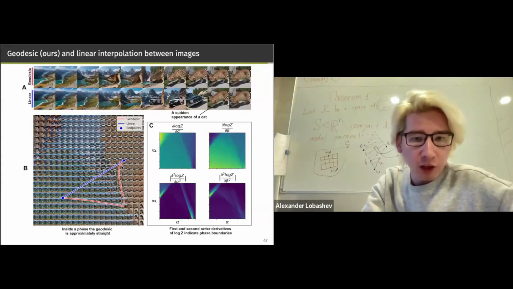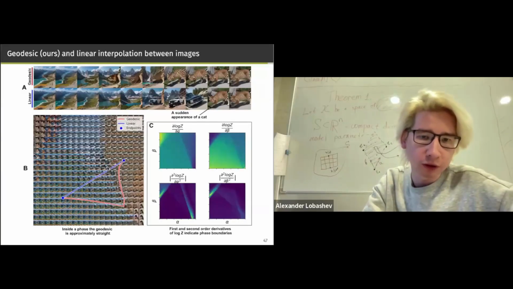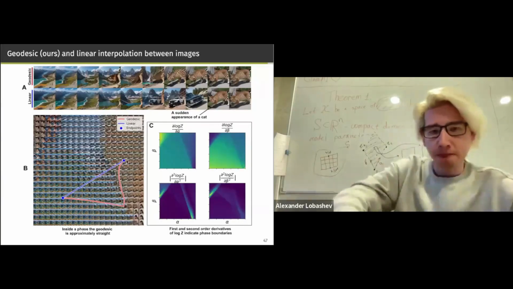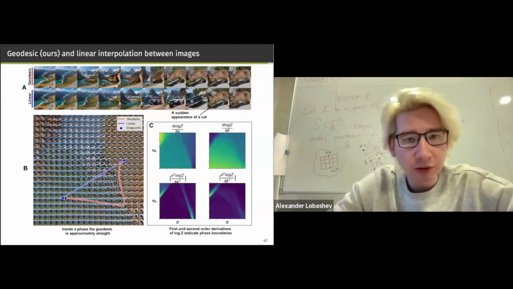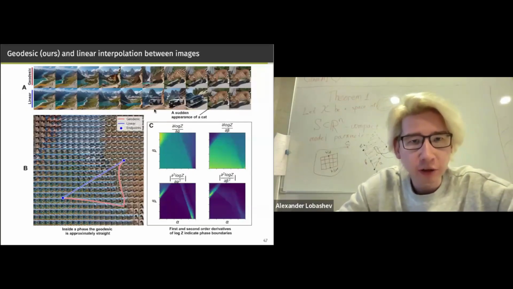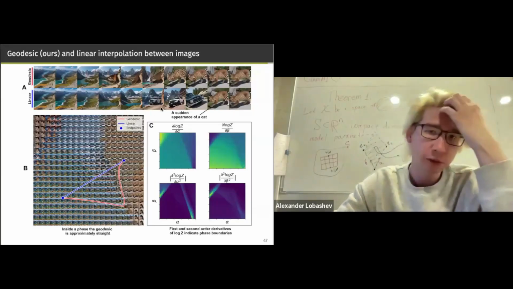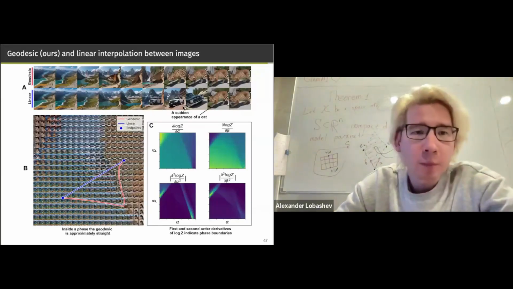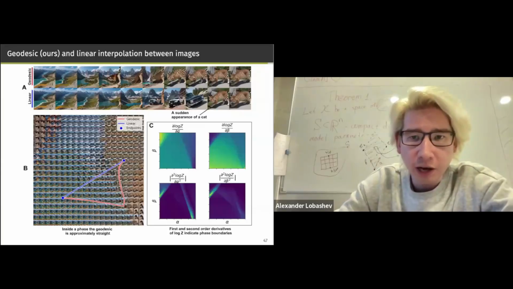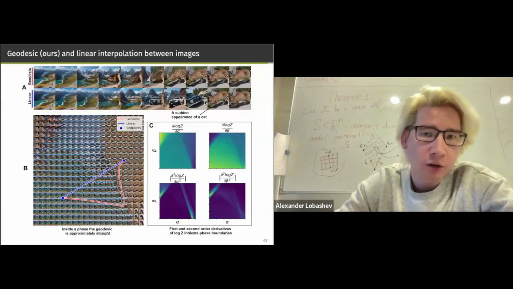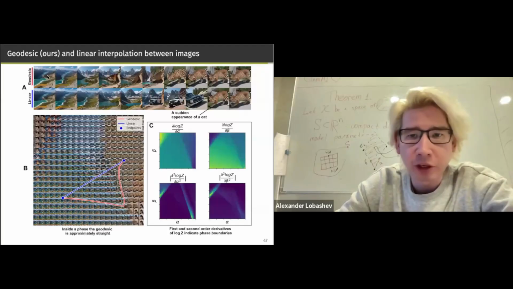And if we compute geodesics between 2 points from these different regions, we will see that the straight line gives us a not so meaningful interpolation, because here we have an additional object, which is a car, which arises in the interpolation between this post and a cat.